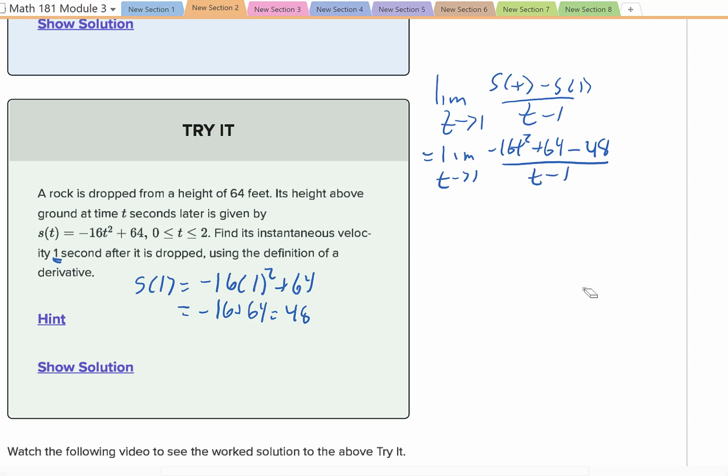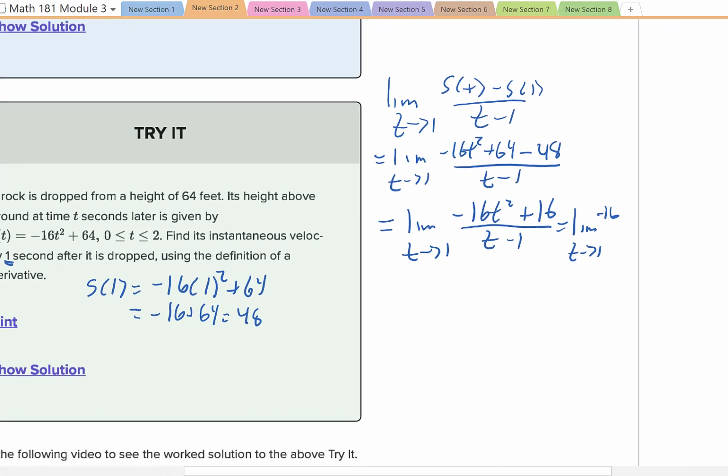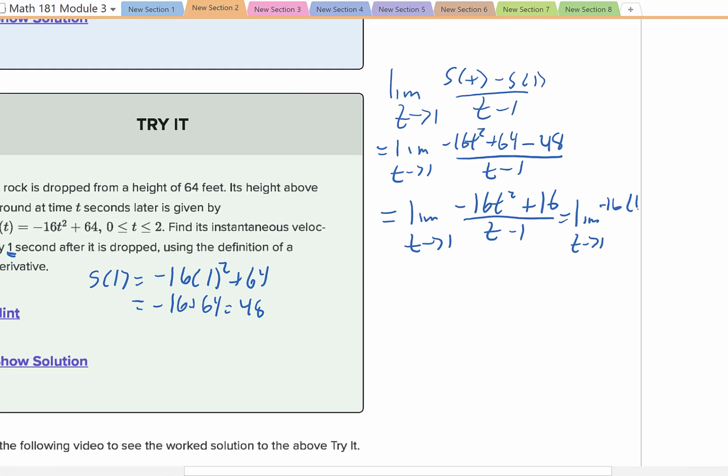So let's do some simplification here. We have the limit as t approaches 1 of negative 16t squared plus 16 over t minus 1. And that can factor to be the limit as t approaches 1 of negative 16 times t squared minus 1 over t minus 1.